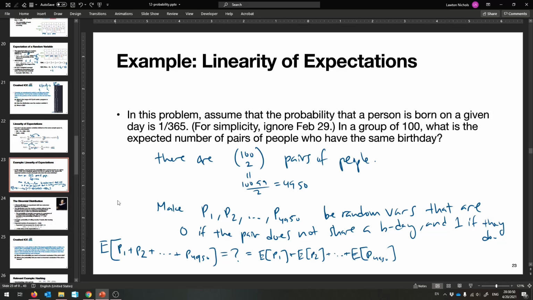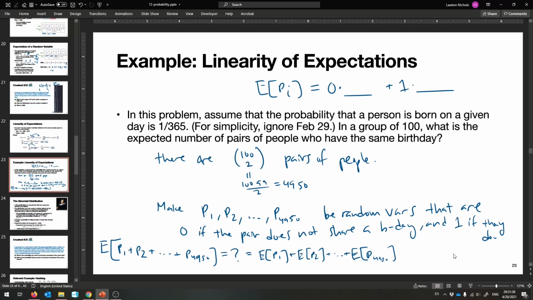And it's going to be a weighted average again. The expected value that pair i shares a birthday: the random variable could give us back a 0, and we need to figure out the probability that two people don't share a birthday, plus a 1 times the probability that people do share a birthday.